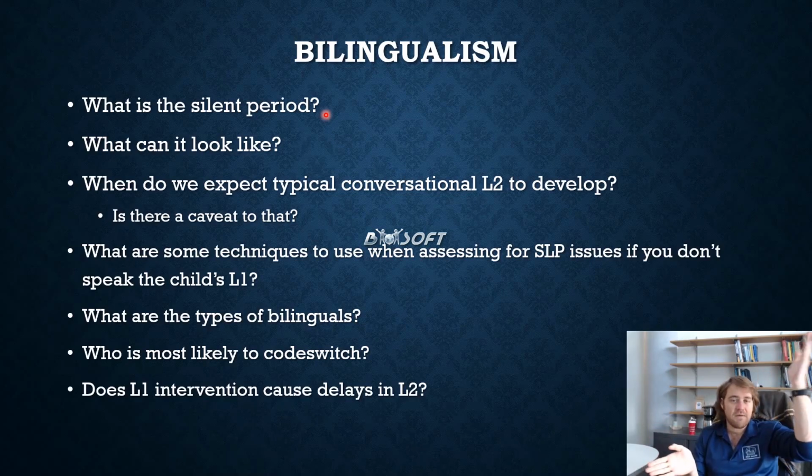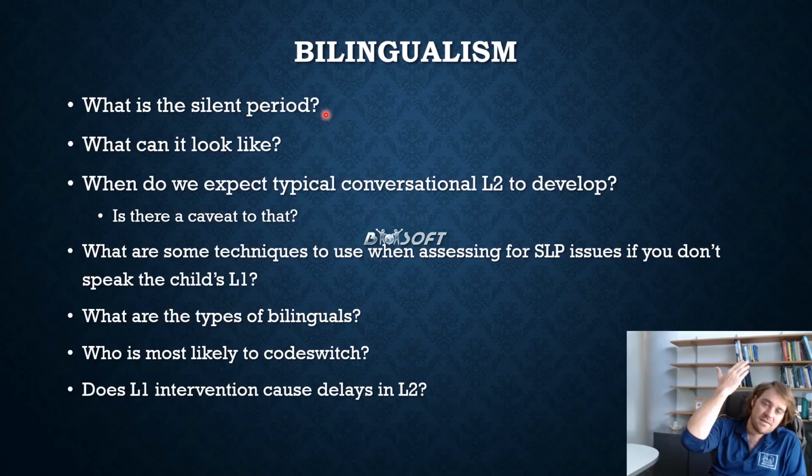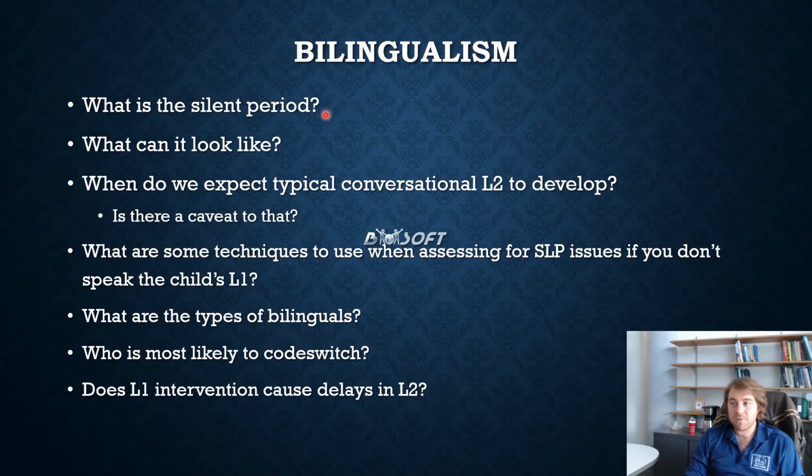If you have someone who's assuming that they should be at typical conversational level in 12 months, and they're not taking this into account, then they might think that this child has a speech delay or speech problem. But really they don't. It's typical development that's been interrupted for a holiday break or a summer break.